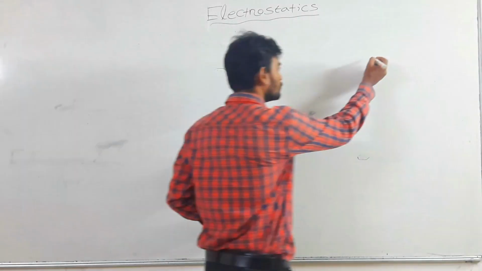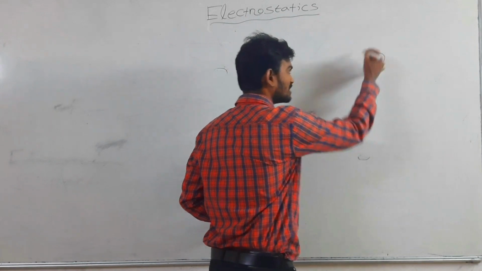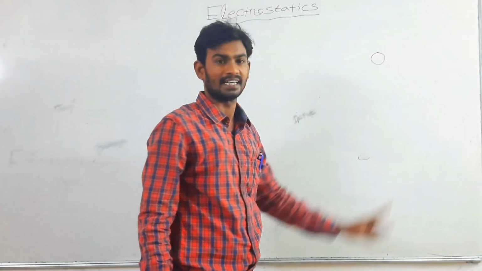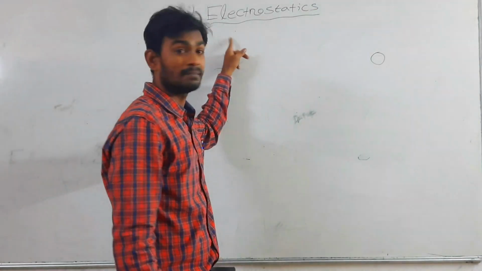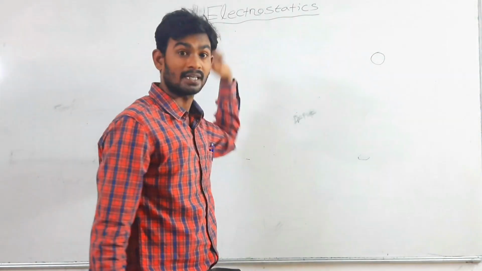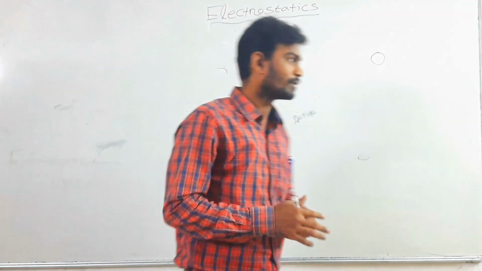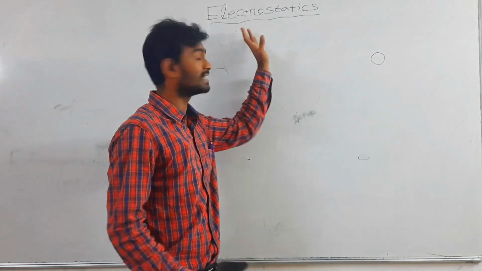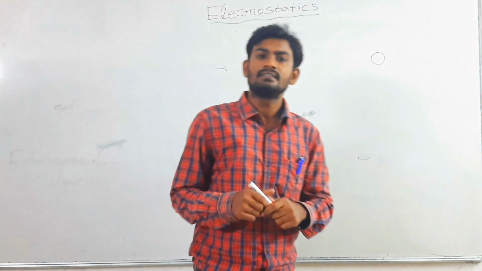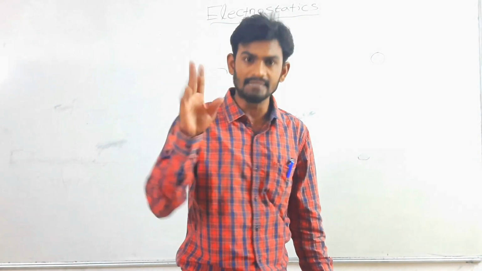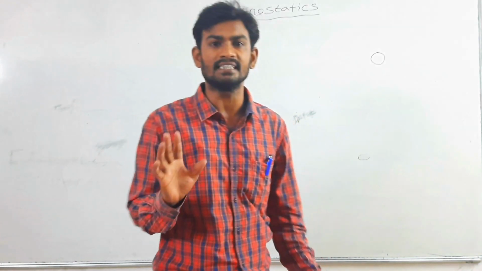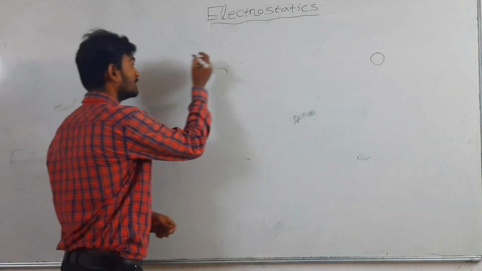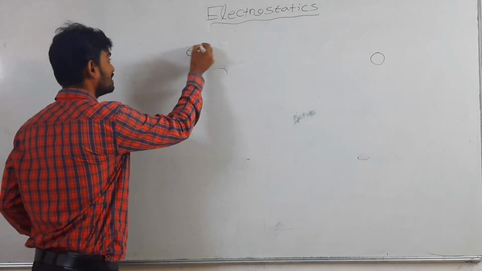If we are going to study the various properties and details of a charge which is at rest, then it belongs to the chapter electrostatics. To know about electrostatics, there are two elementary charges: electron and proton.